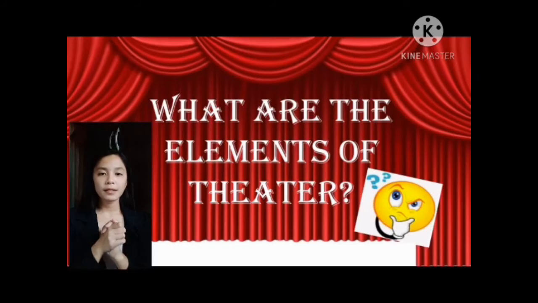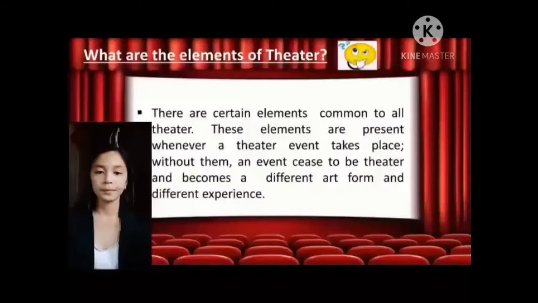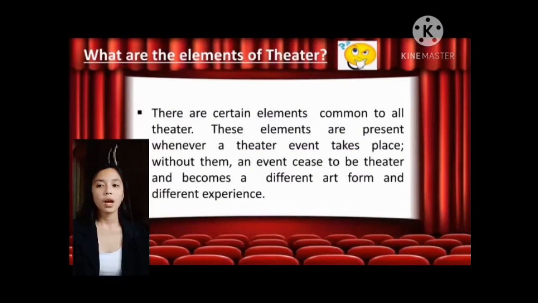Now, let us define what are the elements of theater. There are certain elements common to all theater. These elements are present whenever a theater event takes place. Without them, an event ceases to be theater and becomes a different art form and a different experience.